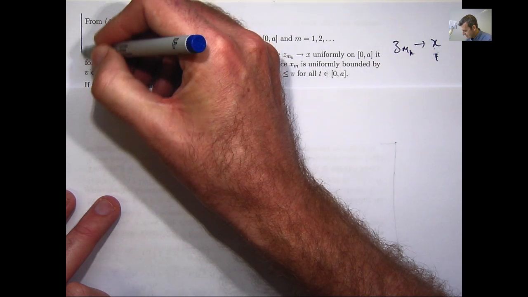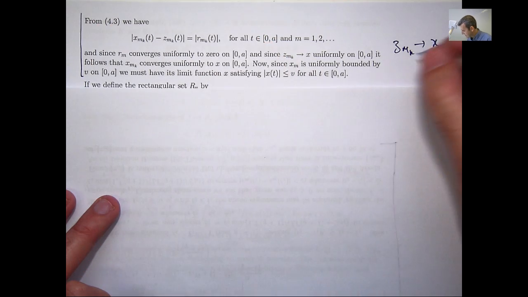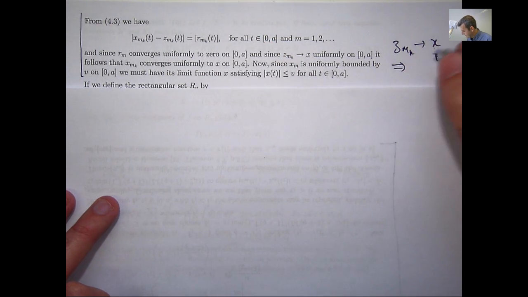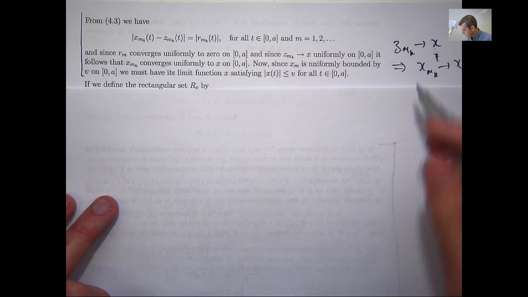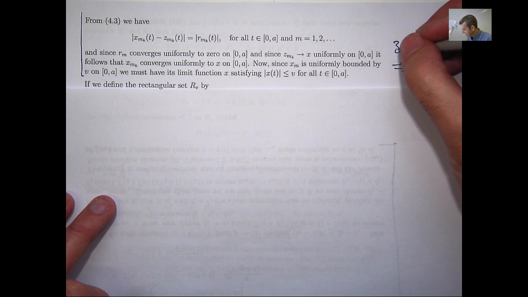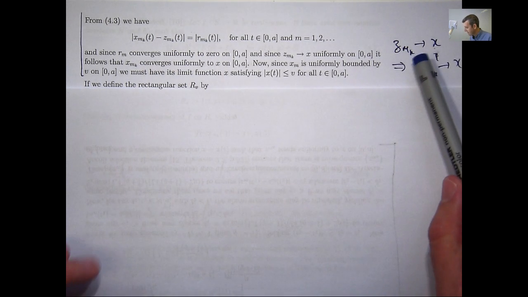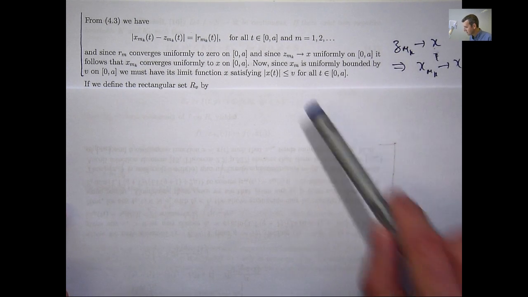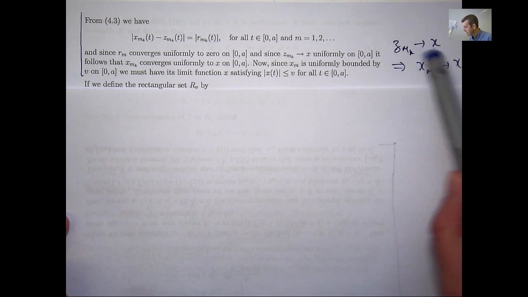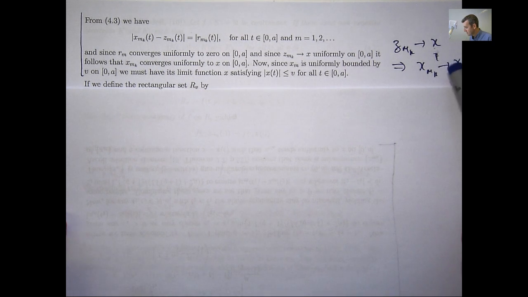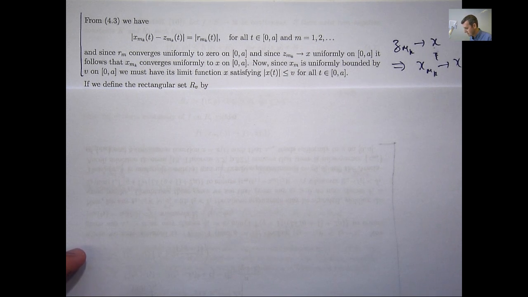So I guess this is the next step now, where we've taken the fact that this is a uniformly convergent subsequence, and that implies that this is a uniformly convergent subsequence with the same limits.